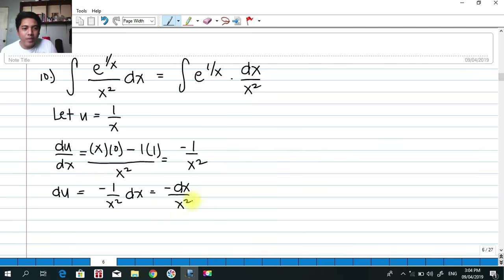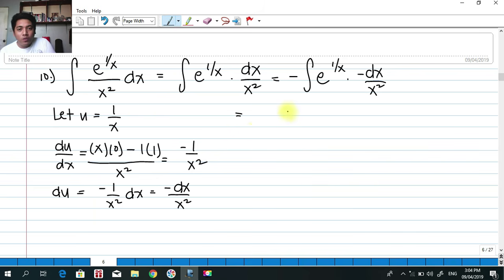Okay, so the problem is that what we have in our integral is dx over x squared, while here it is negative, so we have to offset it with a negative outside of the integral sign. Then the integral of e raised to 1 over x times negative dx over x squared. We put a negative inside because our du here is negative dx over x squared, and we put a negative sign outside just to offset the negative that we put inside the integral.